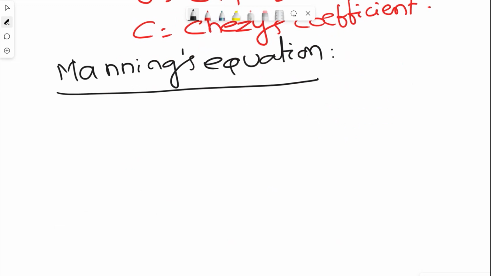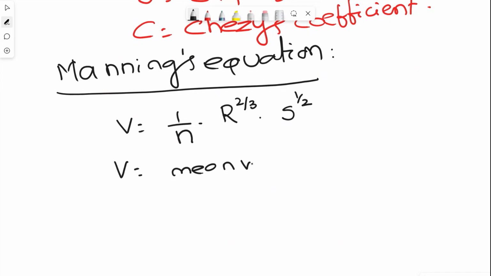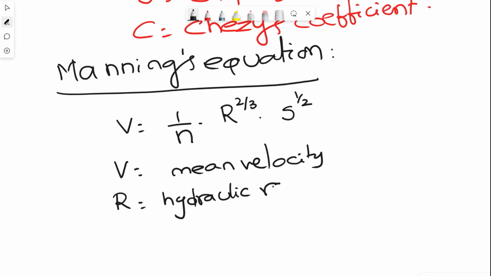Manning's equation is V is equal to 1 by N R to the power of 2 by 3 S to the power of half, where again V is equal to mean velocity, R is equal to hydraulic radius, which is equal to A by P, S is equal to channel slope.